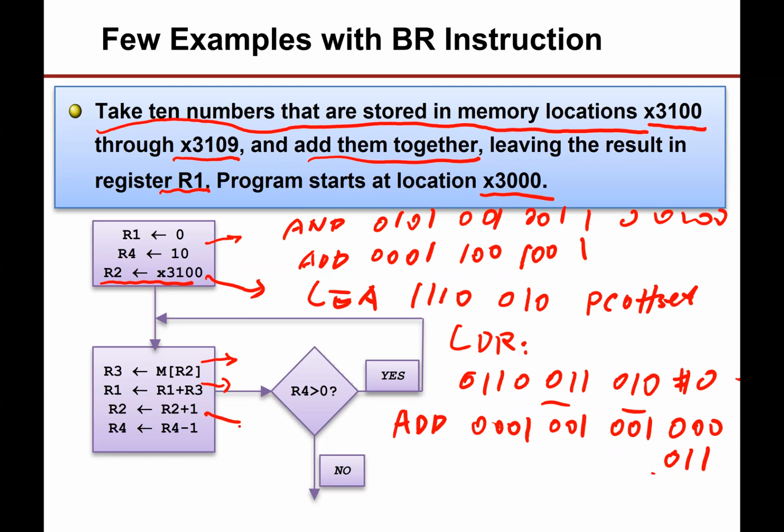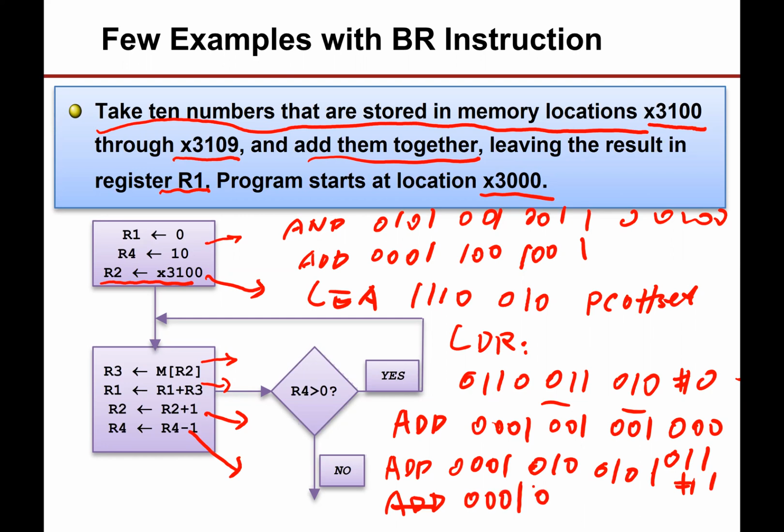So this is the instruction. The next one is to do the increment, also using the ADD, we have learned it, right? So this is 0, 1, 0, 0, 1, 0, 1, and then this is the decimal number 1. The last one here is also ADD, so 0, 0, 1, 0, 1, 0, 0, R4, and 1, 0, 0, and then that is the decimal number minus 1.